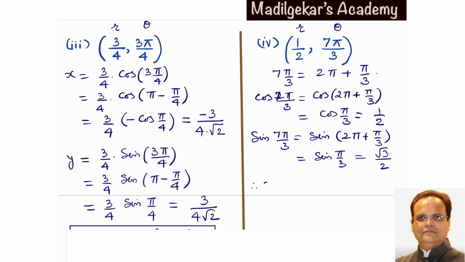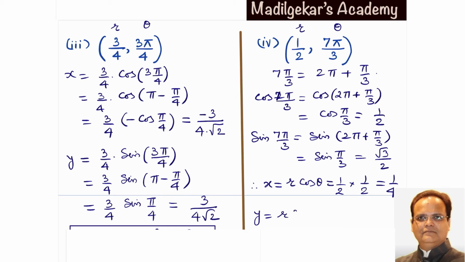Now recall x, it is r cos theta, means 1 by 2 cos 7 pi by 3, which is 1 by 2, means 1 by 4.